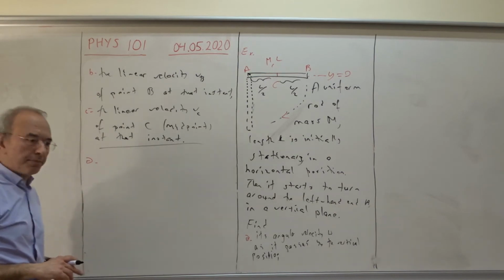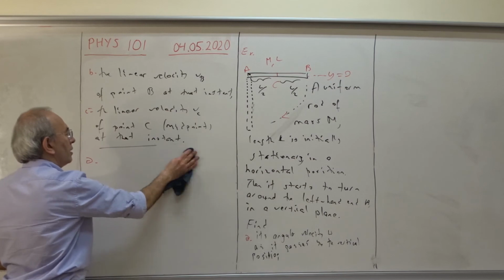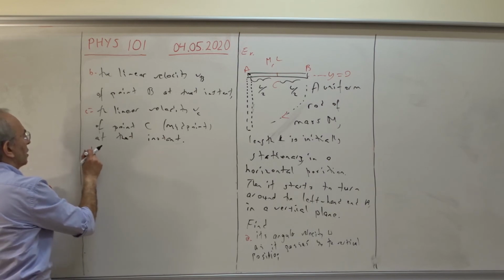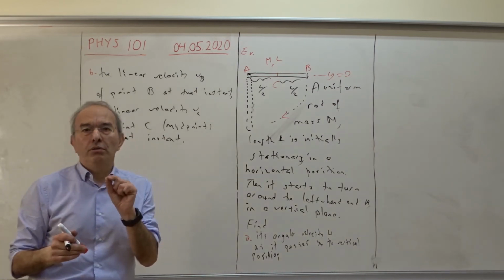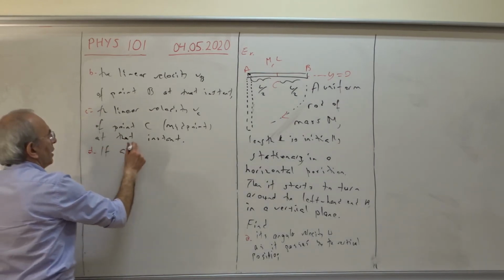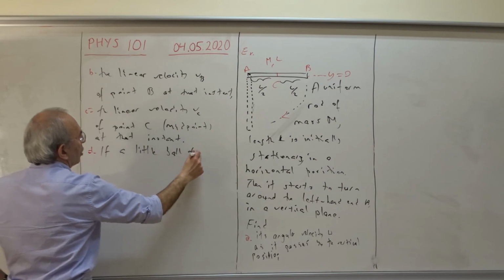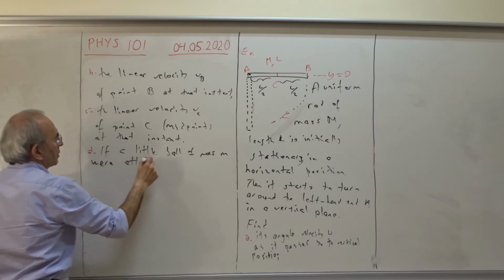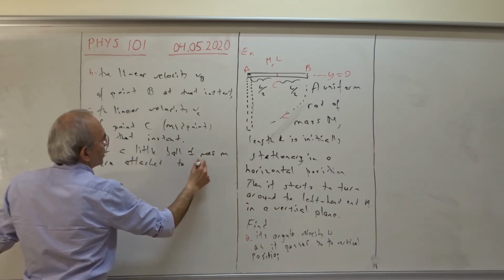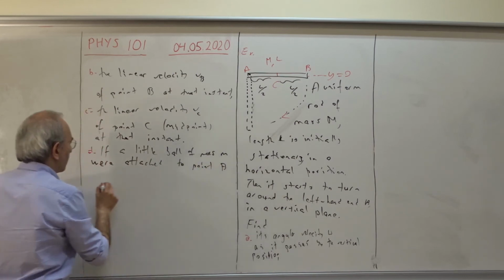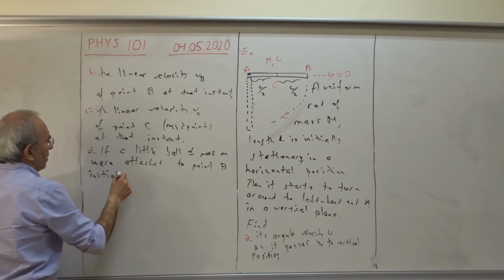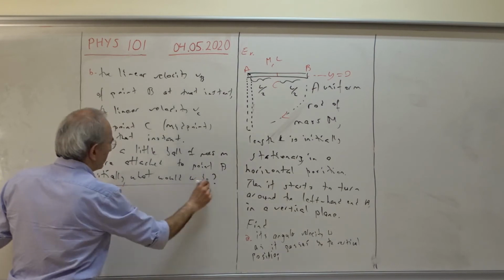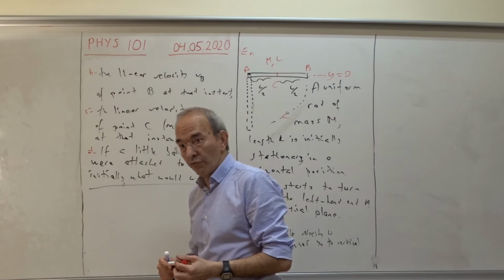Before starting to solve, let's add one more part, D: if a little ball of mass m were attached to point B initially, what would omega be? So let's complete it to a fourth part.